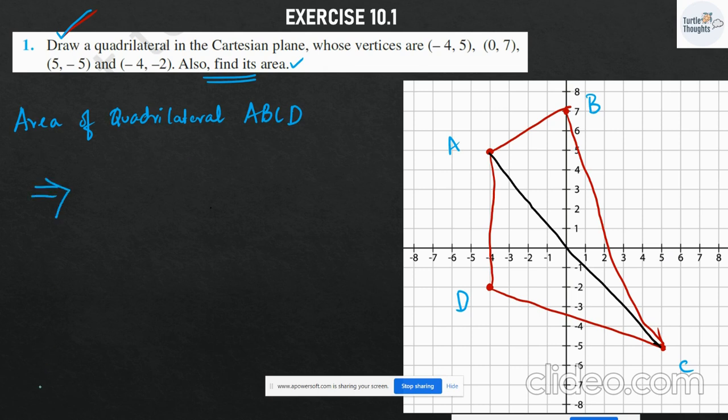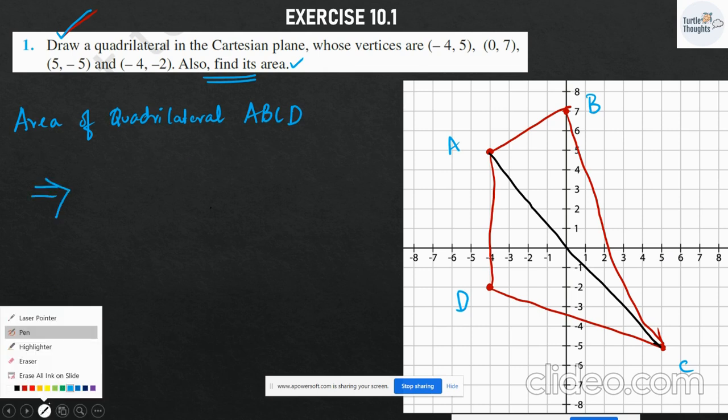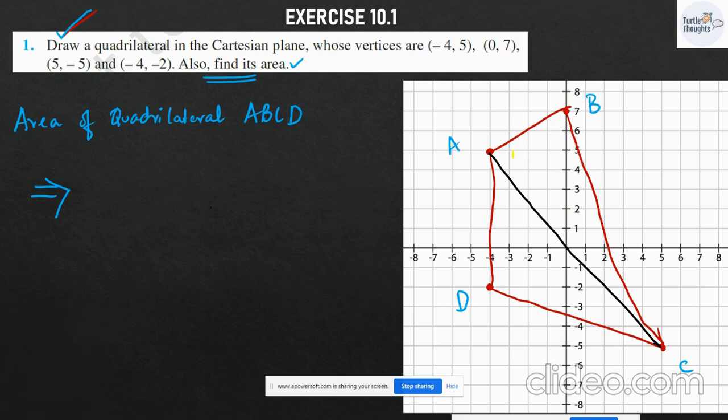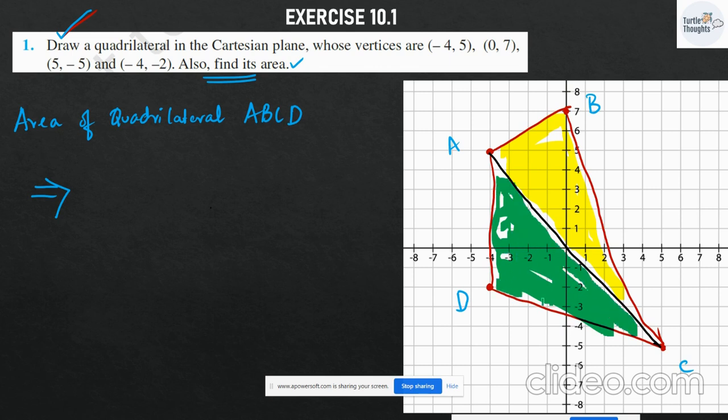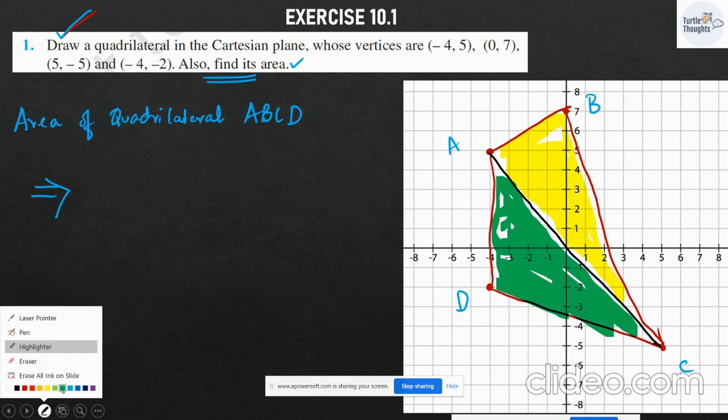This will be equal to, can I tell, the area of the triangle ABC plus say the area of ADC. If I add these both areas, will I be getting the area of the quadrilateral ABCD?